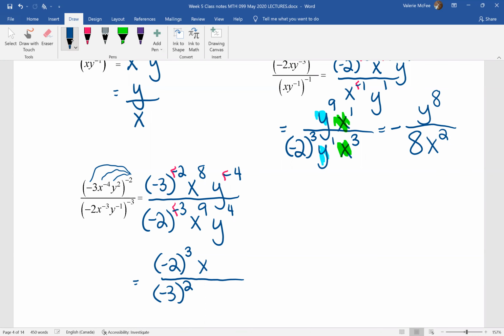X to the 8 has a positive exponent, it can stay. X to the 9 has a positive exponent, it can stay. This y I can leave here, and this y I will move to the denominator and make the exponent positive.